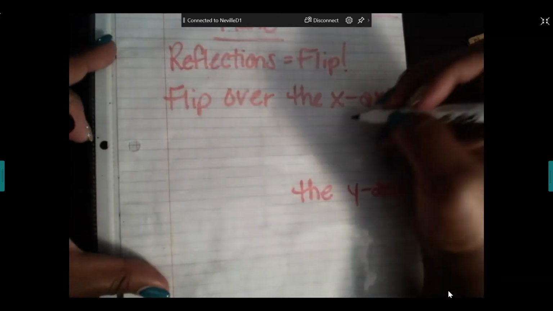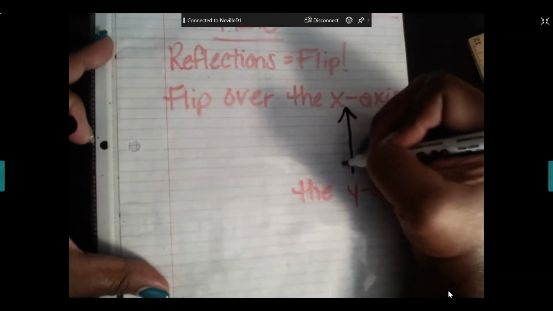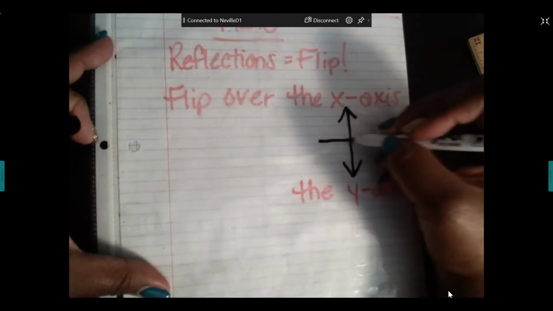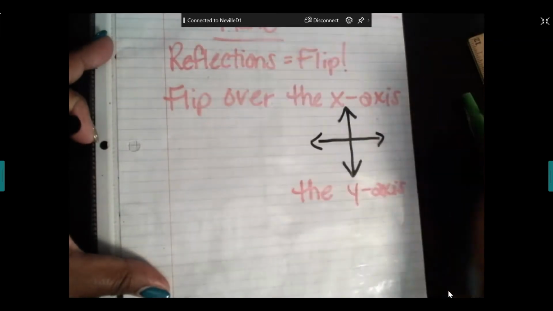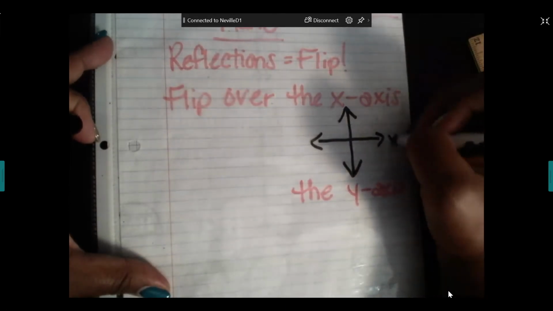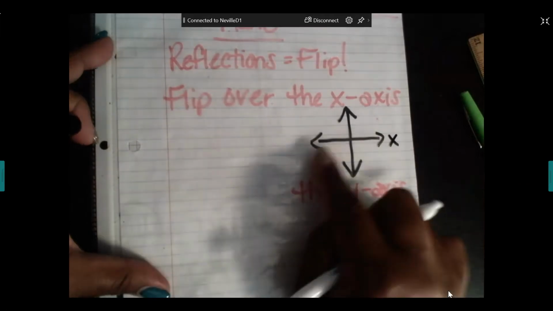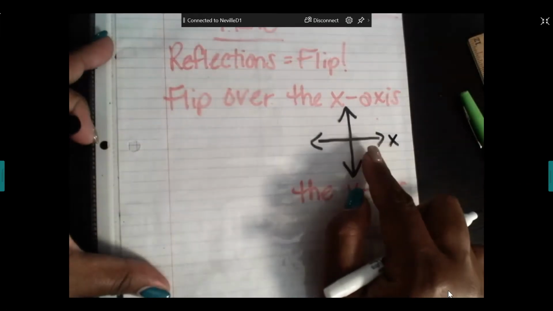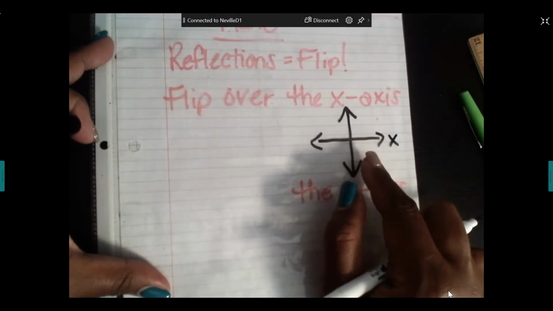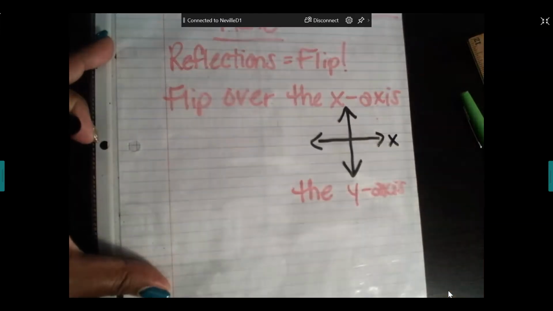So I want us to draw a small coordinate plane, not a huge one. You don't have to worry about using that ruler, but I want to make sure we understand what's happening. When Ms. Neville says to flip over the x-axis, we want to remind ourselves that that horizontal axis that goes from west to east, that is our x-axis. Ms. Neville even labeled it. You should too.